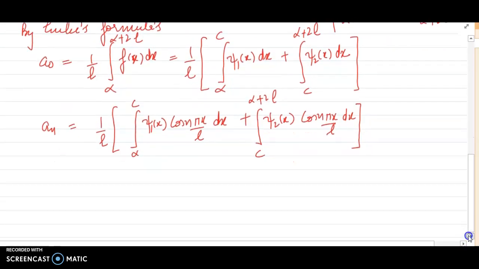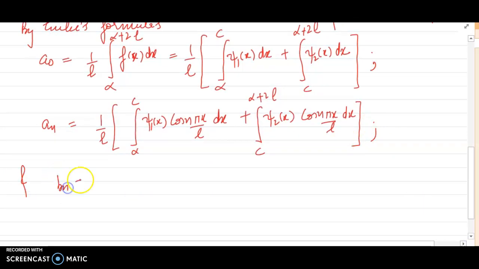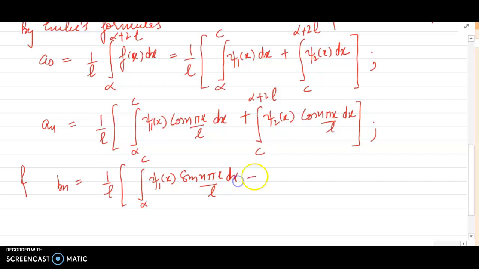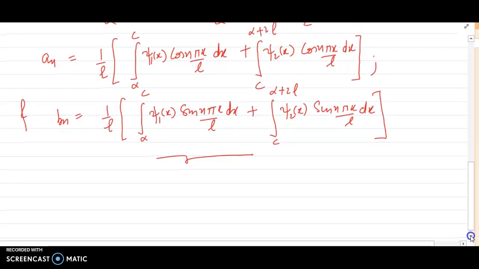And lastly, the value of b n is 1 by L times the integral from alpha to c of psi 1 of x sine of n pi x by L dx, plus the integral from c to alpha plus 2L of psi 2 of x sine of n pi x by L dx. Now I have written the case when the function has one point of discontinuity.